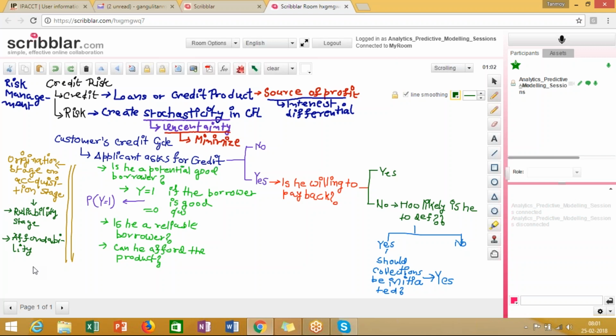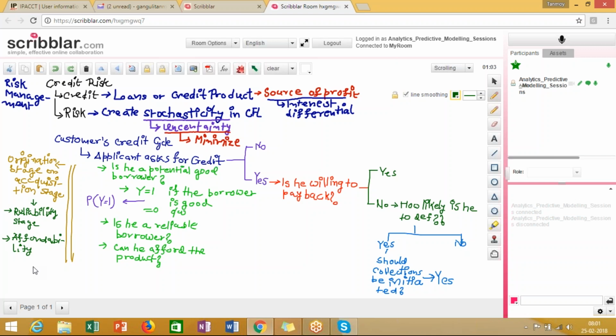We can relate these reliability and affordability to the quantitative and the qualitative factors. For example, demographic information like education level, your property ownership, your demographic location can give you a very clear idea about your reliability.